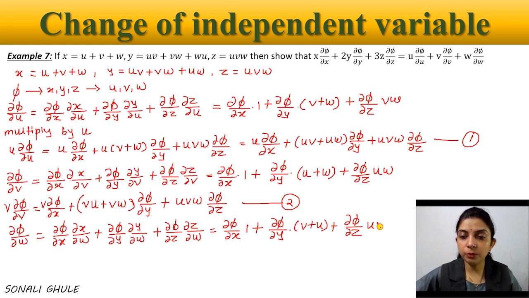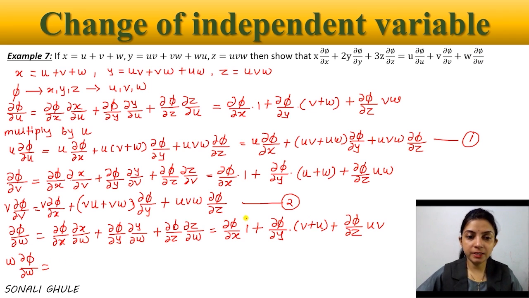Differentiate this z with respect to w now. That is uv. And now here if you see your phi with respect to w, it is multiplied by w. So we have to multiply here this derivative by w. So multiply on both sides.